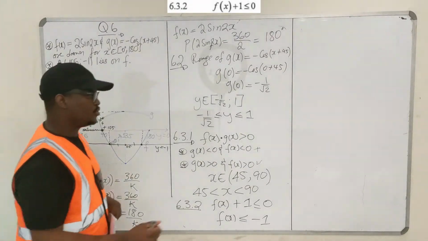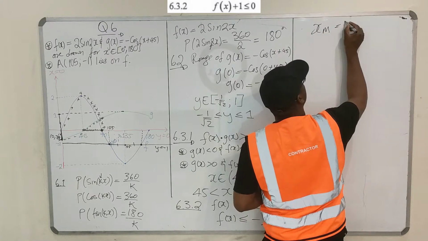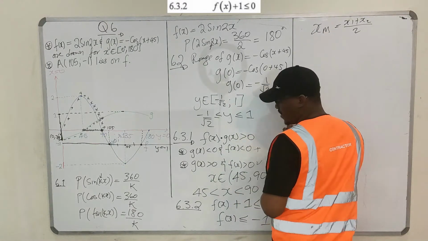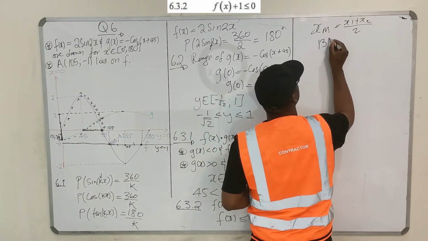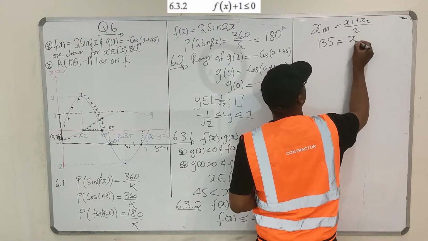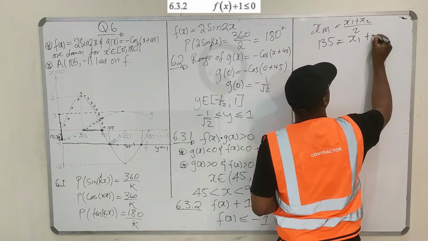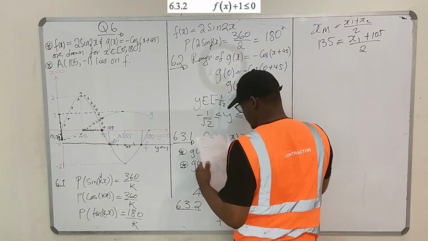So you say the x coordinate of a midpoint is equal to x1 plus x2 divided by 2. What is the x coordinate of the midpoint? It's 135, equal to x1, which is what we're looking for, plus x2, which is 105, over 2.